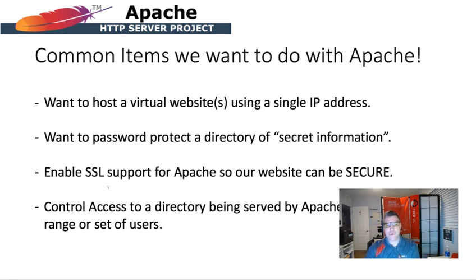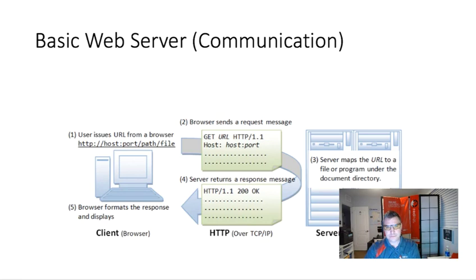So we want to make sure that important stuff is using SSL. And then we can even control access to directories in Apache by limiting it to a certain IP range or a set of users.